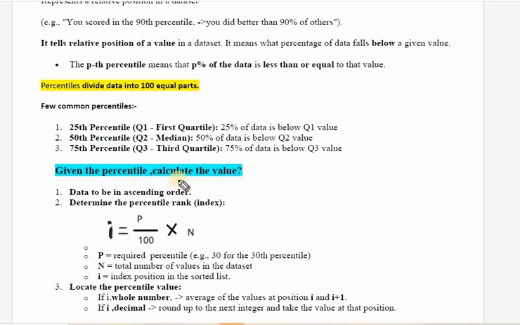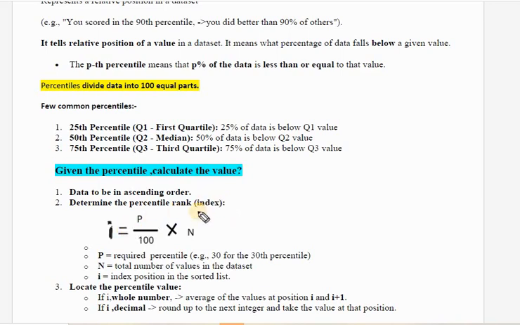So to calculate the value at a given percentile, this is the formula. Among a data set, you have to calculate what value lies at, for example, the 30th percentile. Firstly, arrange the data in ascending order, then determine the percentile rank index.